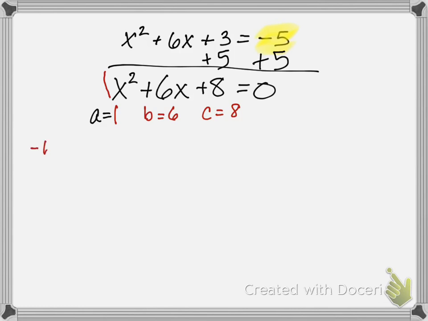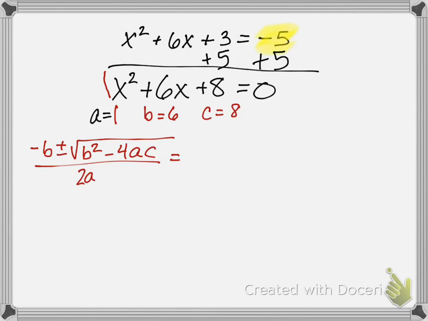So my formula again, negative b plus or minus the square root of b squared minus 4ac all over 2 times a. So all I'm going to do is go through and replace all of my letters with the 3 numbers I picked out from the top, 1, 6, and 8.